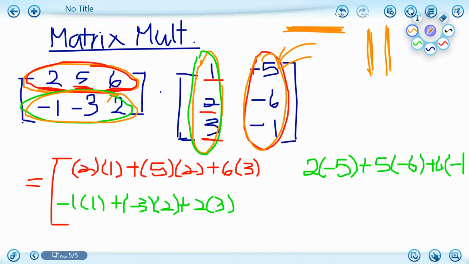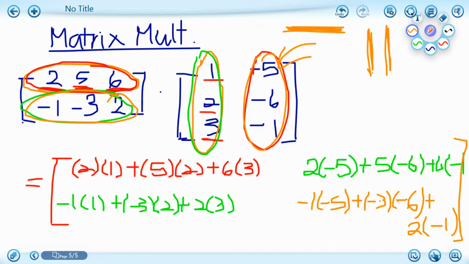So we're going to have negative 1 times negative 5 plus negative 3 times negative 6. And that plus, lastly, we're going to have 2 times negative 1. Okay, I'm going to close the bracket. I know, it's messy. But at this point, we're almost there.